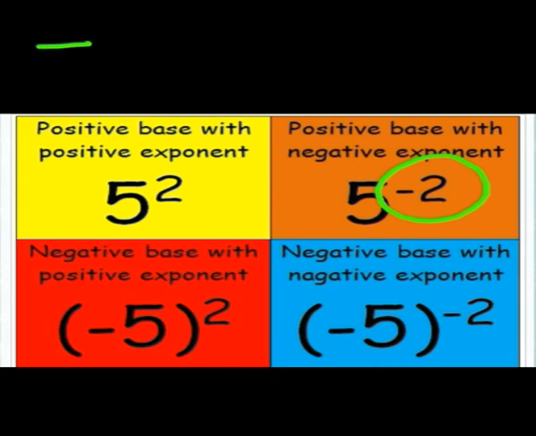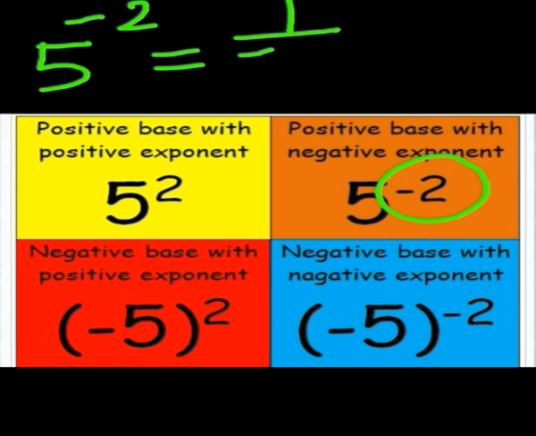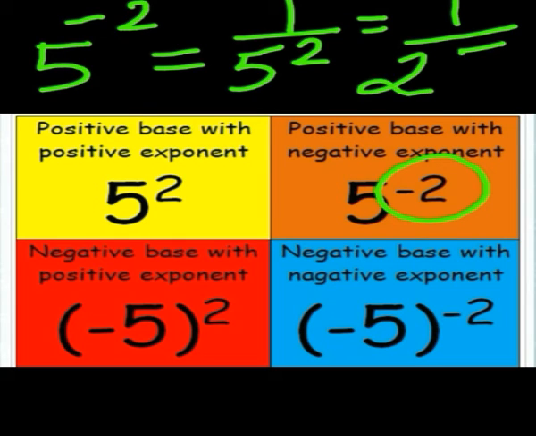So here 5 to the power minus 2 can be written as the reciprocal of its positive exponent. Further on, what is the value of 5 to the power 2, which is 5 square? It is 25. This will be the answer of the second case, where a positive base with a negative exponent is there.